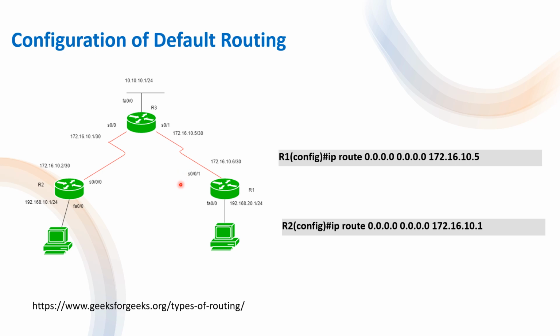Configuring default routing for router 1, the configuration is given with the next hop address 172.16.10.5. Similarly, configuring the default routing for router R2, mentioning the next hop address 172.16.10.1.